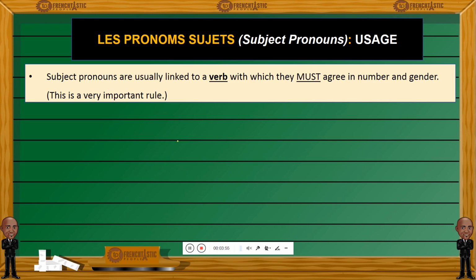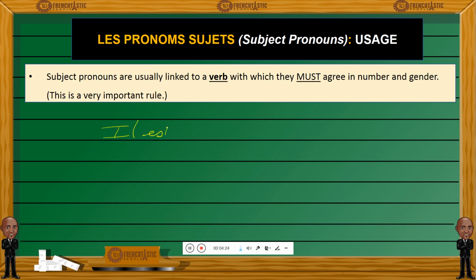Next, subject pronouns are usually, and I should say actually, almost always linked to a verb with which they must agree in number and gender. Wherever you see a subject pronoun, you will also see a verb. I don't quite remember ever seeing a French subject pronoun like il just standing by itself. You will usually have a verb that will follow.